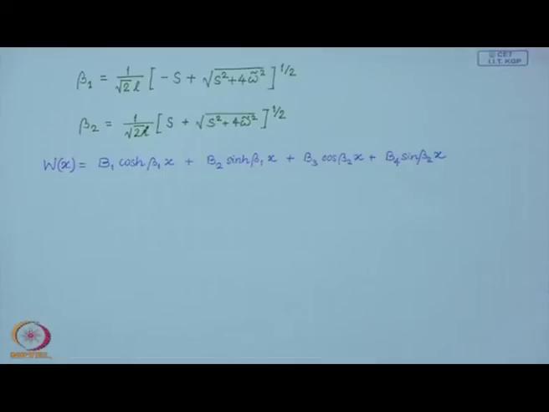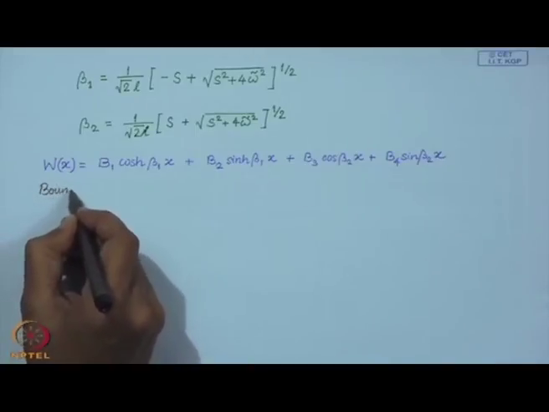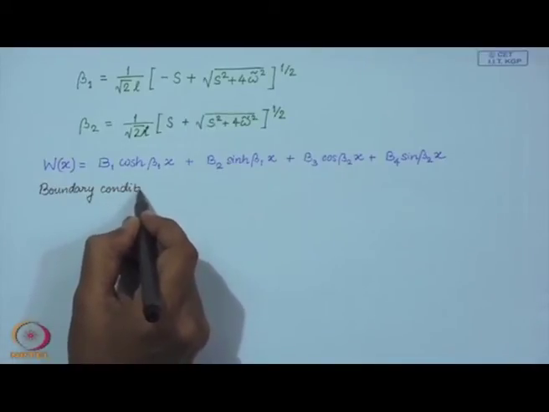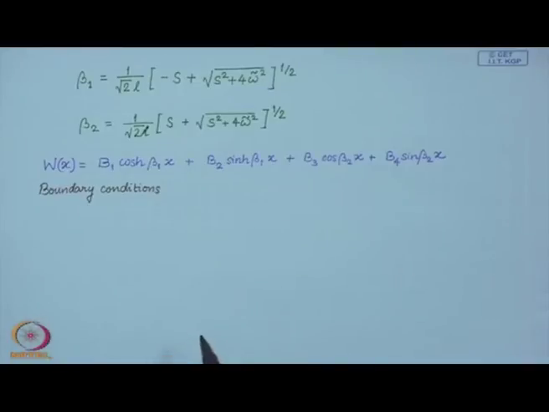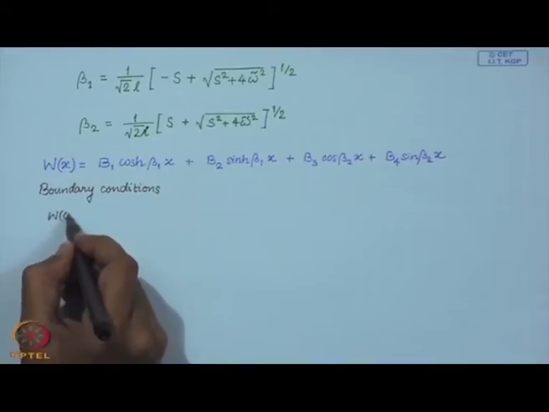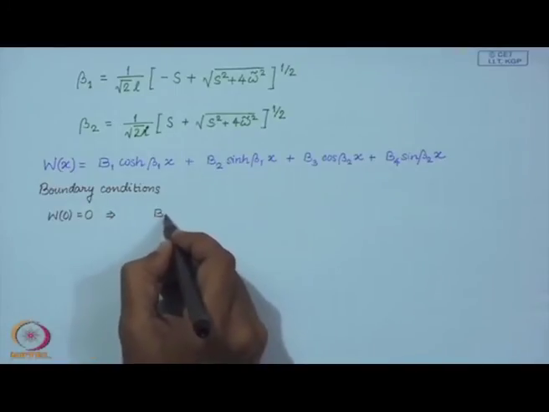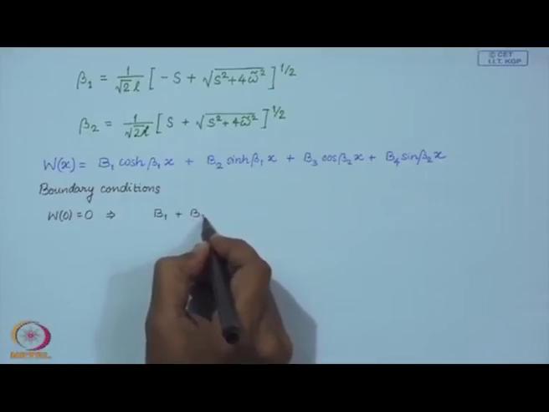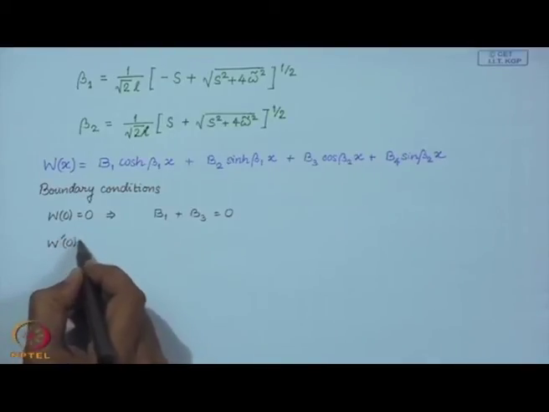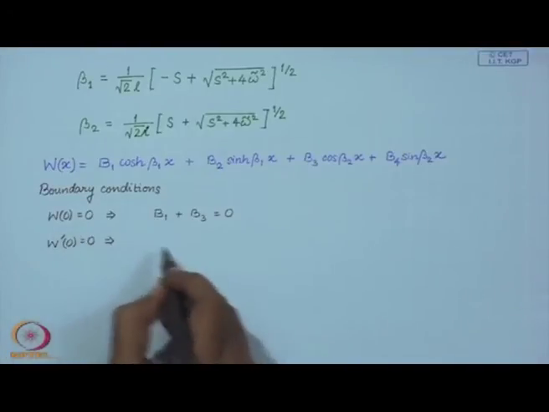Now, we must use the boundary conditions. So, the boundary conditions as I had written down, so the displacement slope being 0.